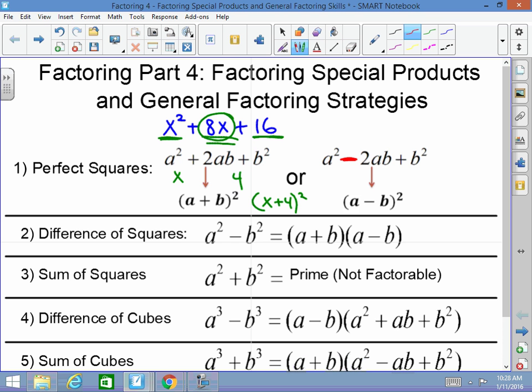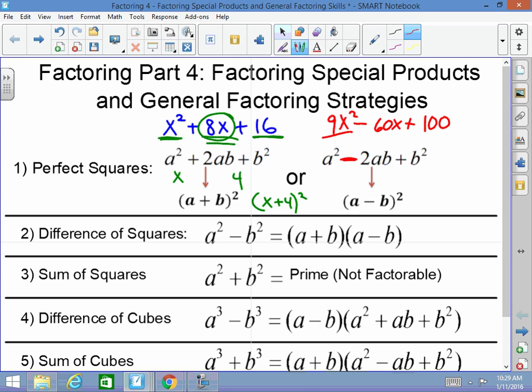For example, let's make it a little bit more difficult. Let's say I have 9x squared, and over here, let's do 100. So let's put here 60x. Okay, and actually, let's put this as a minus. So I have this.